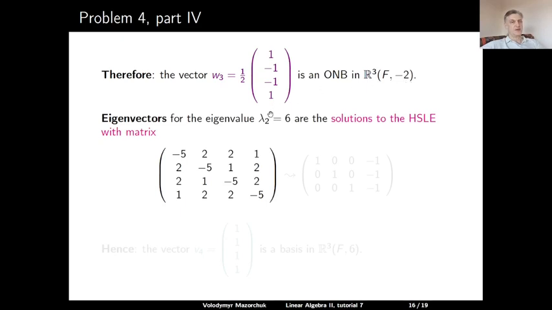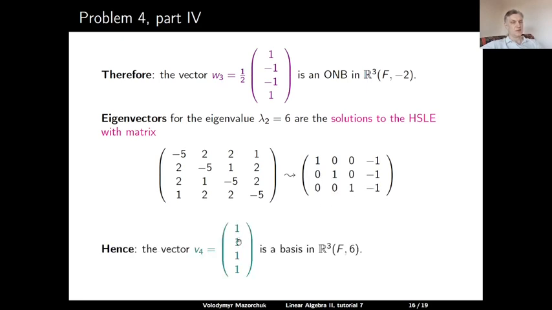Finally, we need to determine the eigenvectors for the eigenvalue 6. These are the solutions to the homogeneous system of linear equations with the matrix which we get when we take the matrix of our linear operator and subtract 6 on the main diagonal. Using Gauss elimination, this reduces to the matrix (1, 0, 0, -1), (0, 1, 0, -1), (0, 0, 1, -1).